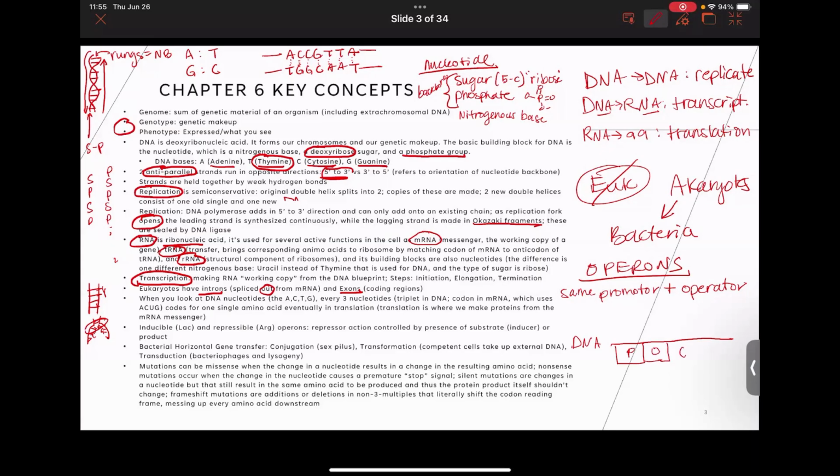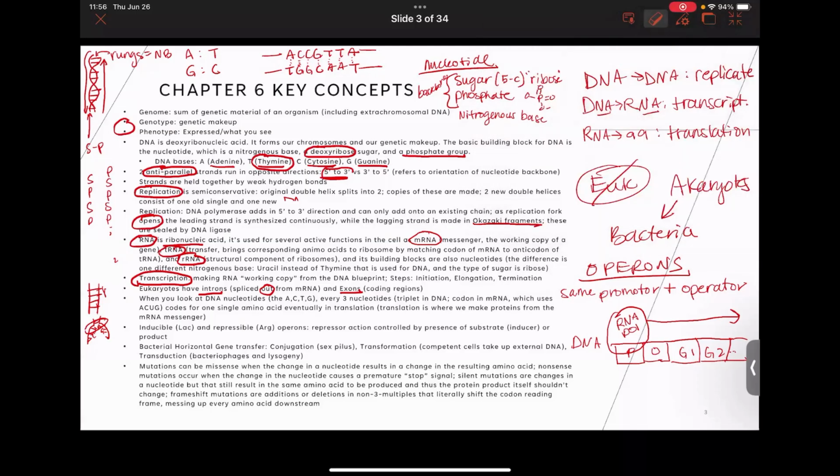And then after that, you have your genes, gene 1, gene 2, etc. This is all on DNA. We're just trying to make the RNA. And so what happens is that RNA polymerase, which I'll put RNA pol here, would normally bind onto that promoter region and just squeak on through.